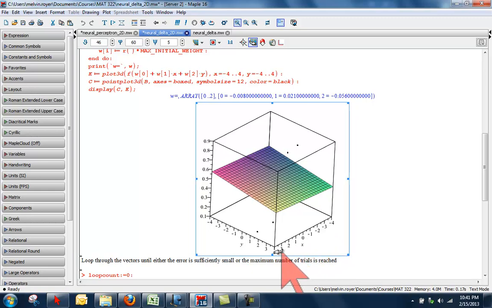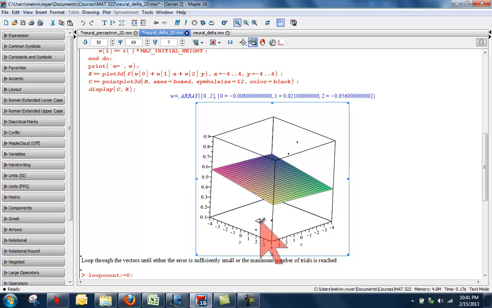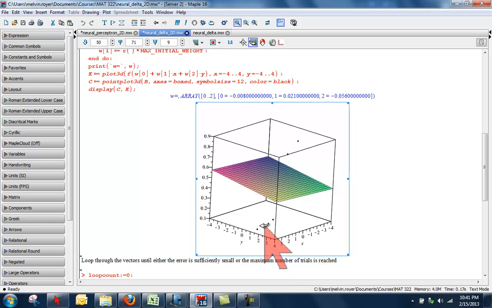Maple's language is going to be xyz here, but this is x1, this is x2, and then here is y or t. It's both, actually. Now you'll notice 4 small dots there. Those are the actual points with their x1, x2, and t. These are the points that we're trying to learn.